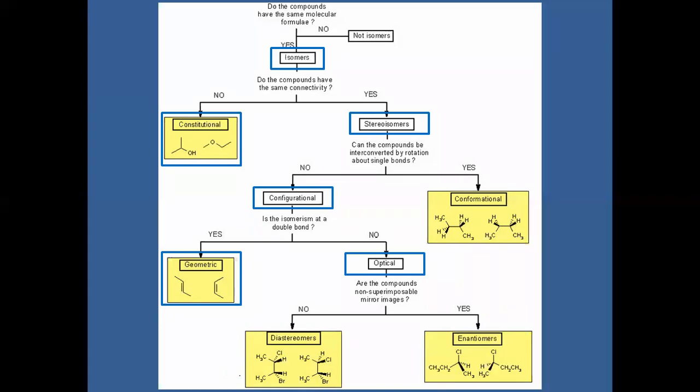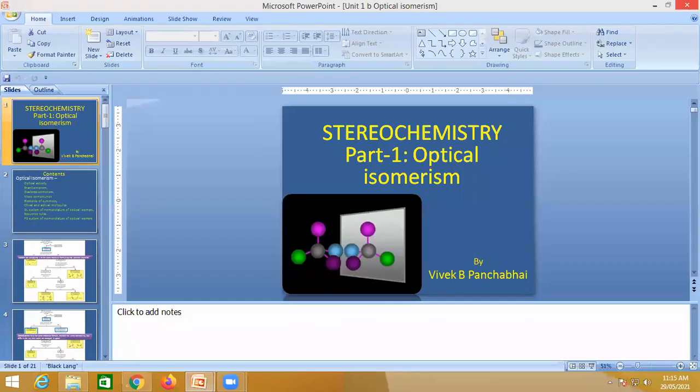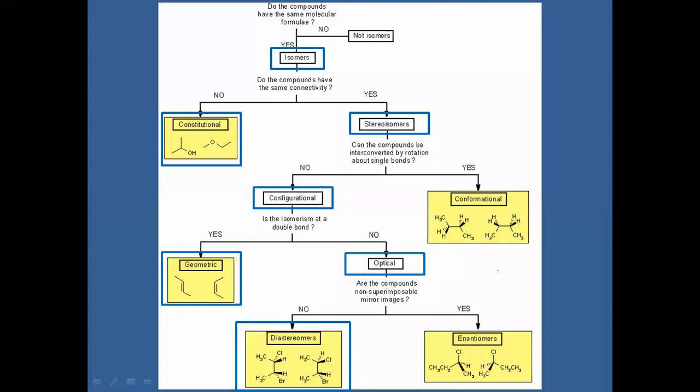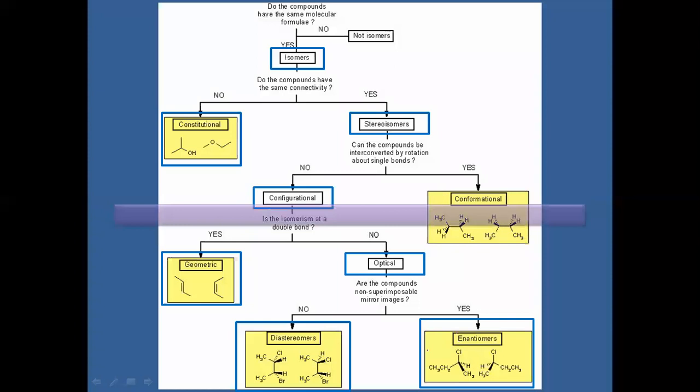Again, these are optical isomerisms. In optical isomerism, diastereomers and enantiomers, we discussed in the last lecture.